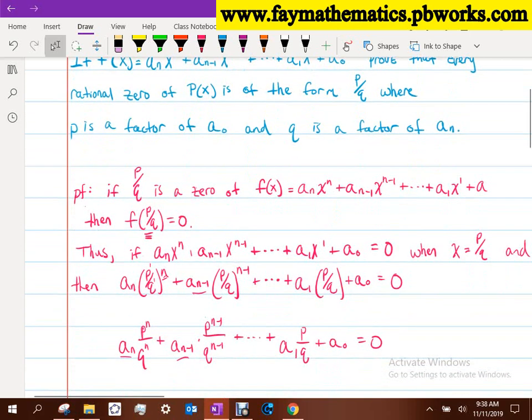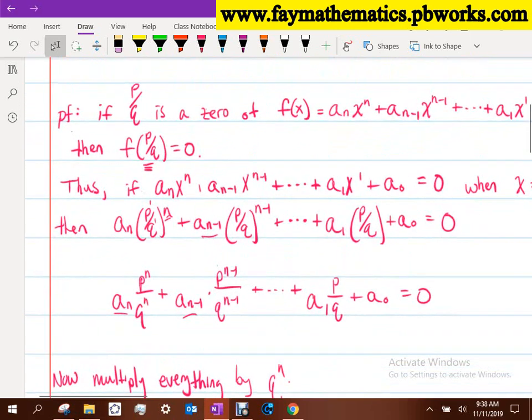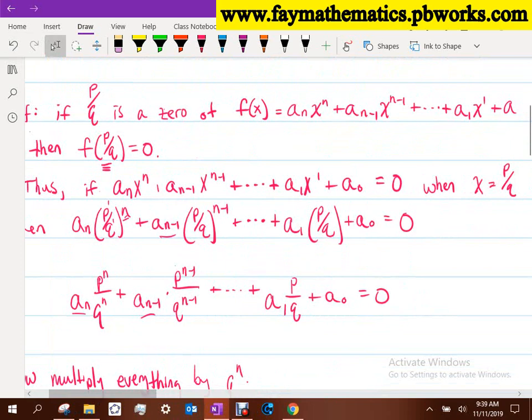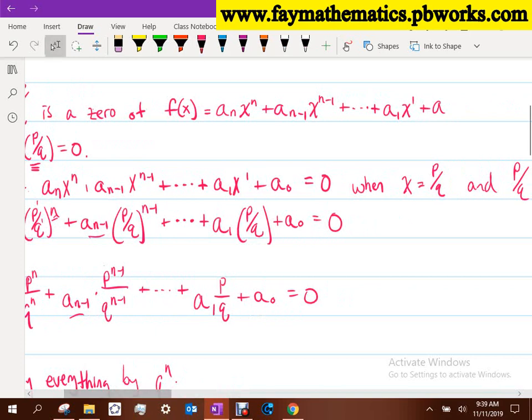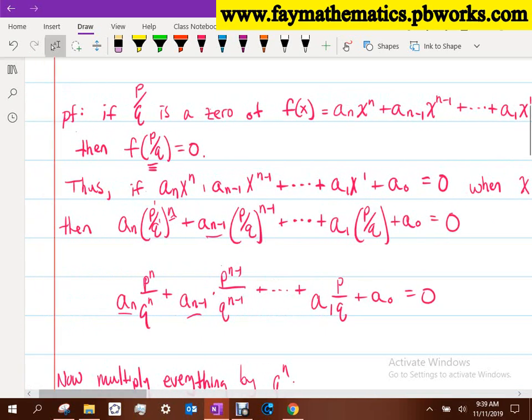It says if p over q is a zero of my polynomial. So this again is just that generic polynomial we've talked about, right? Should have an a sub 0 right there. If that's the case, then would you guys agree that if p over q is a 0, that means the y value turns out to be 0 when that's the x value, right?